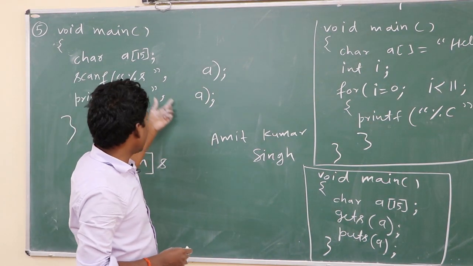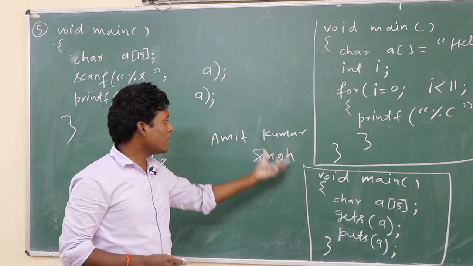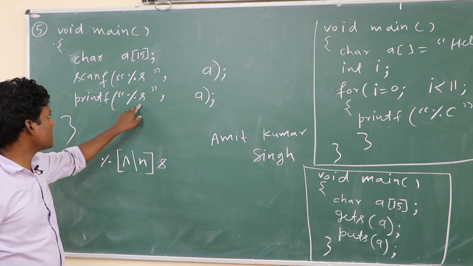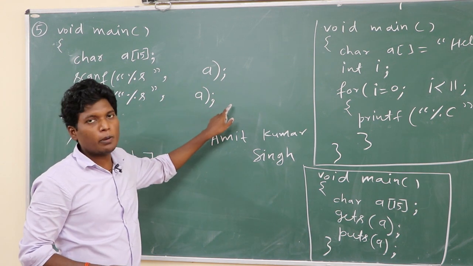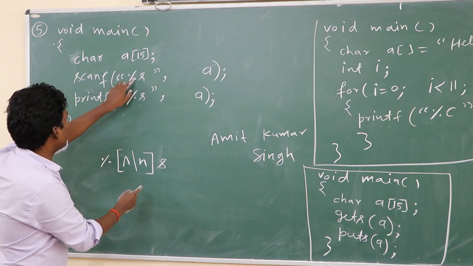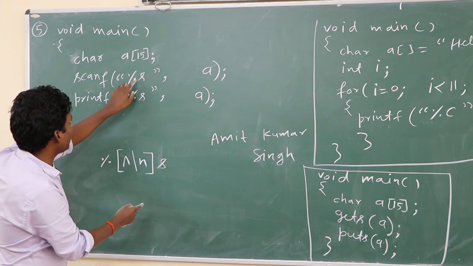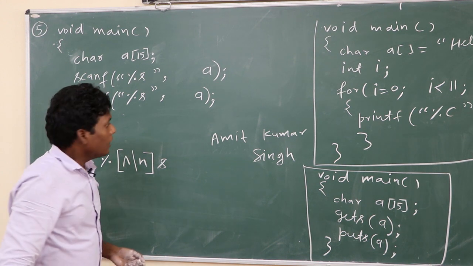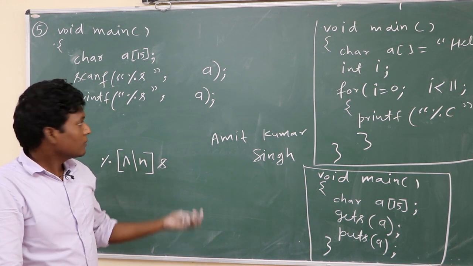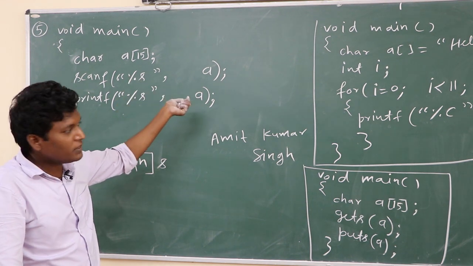Now scanf can take Amit Kumar Singh, and when you print with printf %s, Amit Kumar Singh will be printed. This is the fifth method to print the same string.